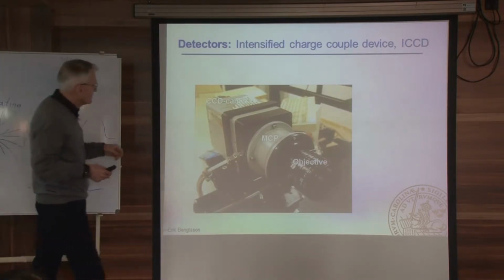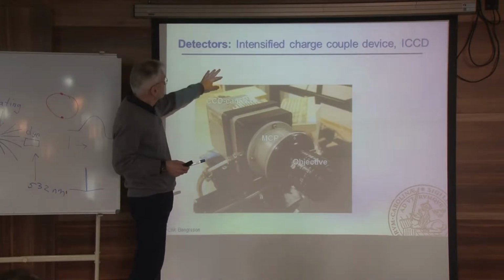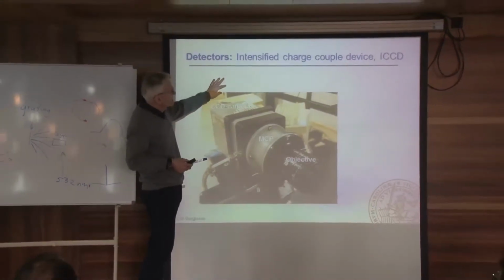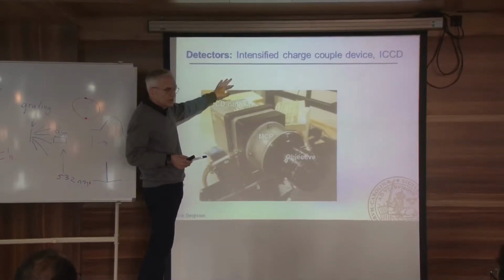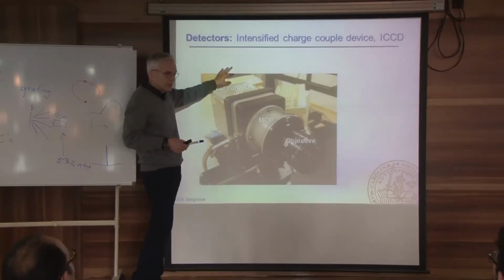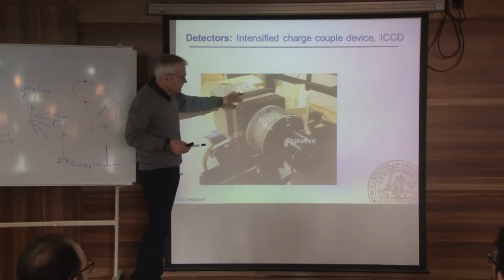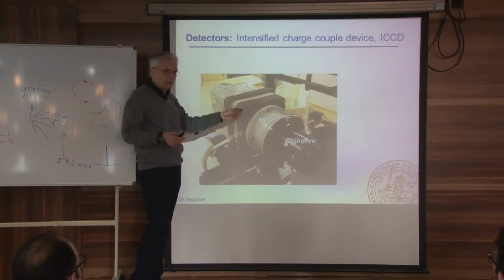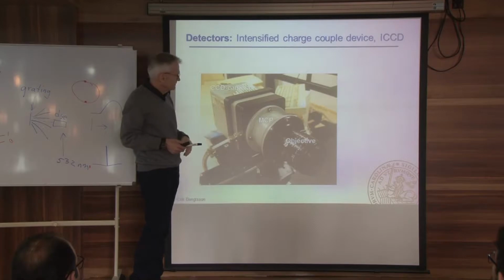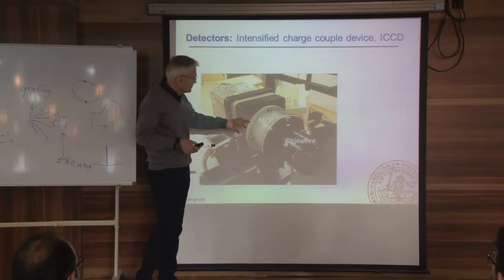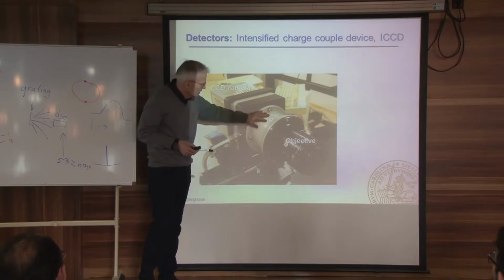Then in the 70s, we got the intensified charge-coupled device, the ICCD. And you know what a CCD is, that's what you have in your mobile, right? This is similar, but it also consists of a gated intensifier.